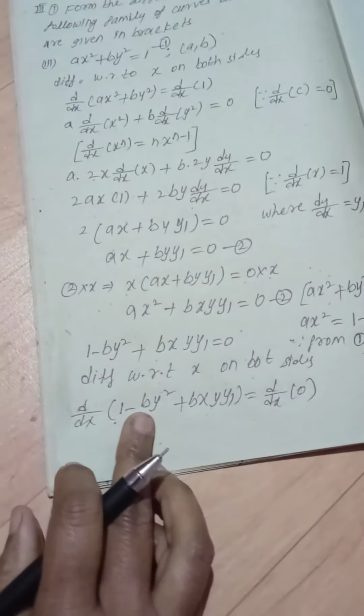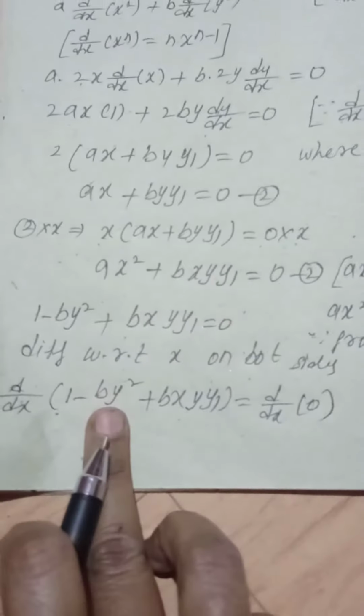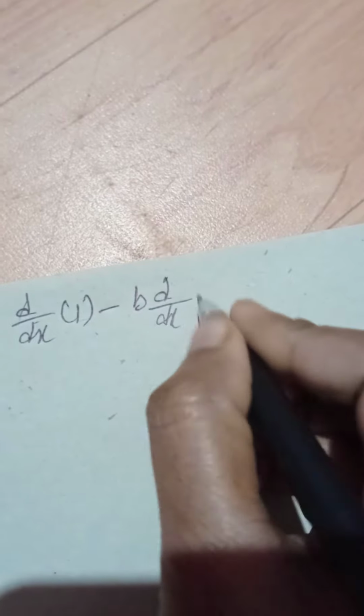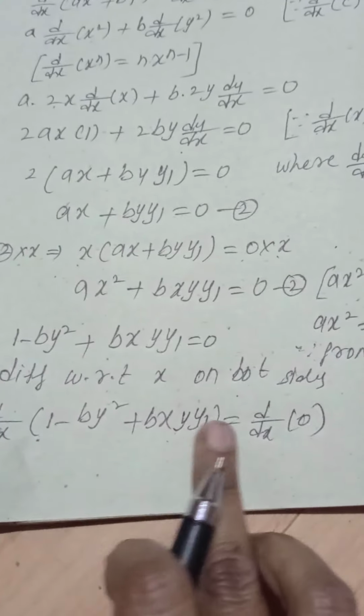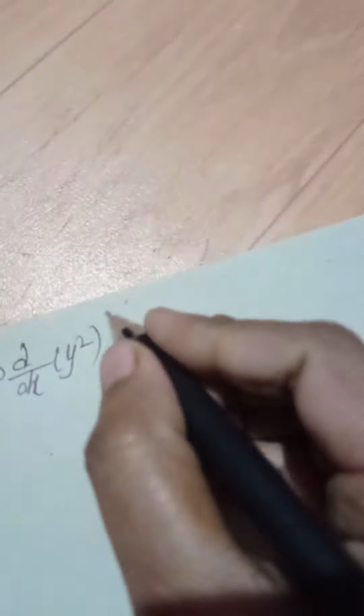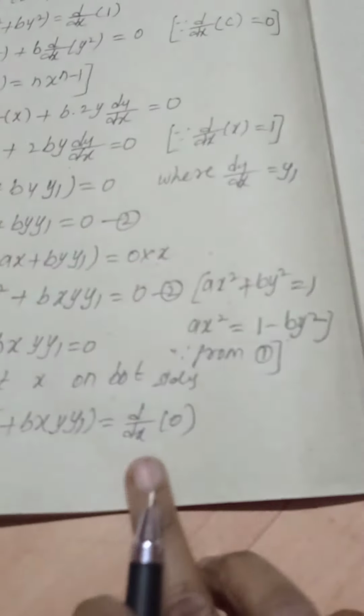So separate the differentiation. d by dx of 1 minus b, b is constant, so minus b d by dx of y square. Next here also b constant, d by dx of x y y1. So b is constant, d by dx of x y y1 equal to d by dx of 0.